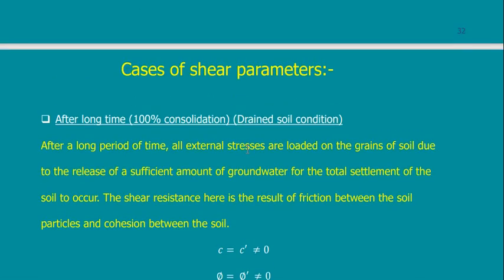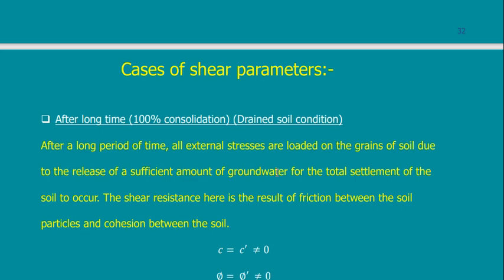The other extreme is when I take all my time and all of the water is dissipated. So what happens? We call this a drained condition. A drained condition happens after a long period of time. All external stresses are loaded on the grains of the soil due to the release of a sufficient amount of groundwater. Of course, not all the groundwater is going to leave.